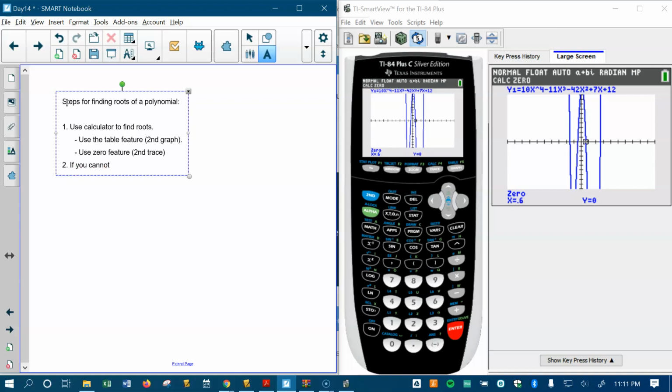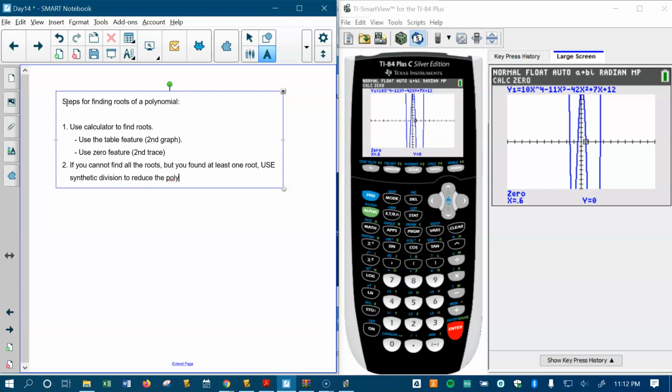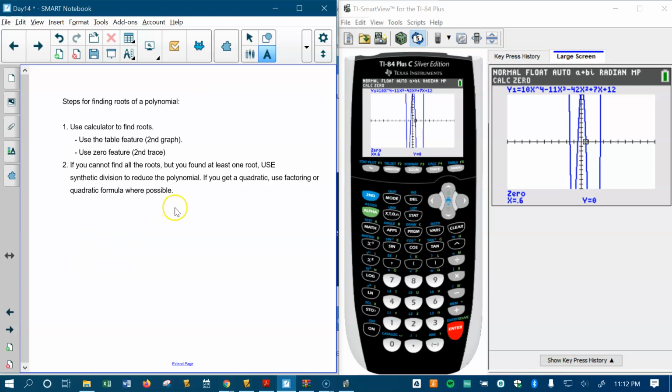If you cannot find all the roots but you found one root, use synthetic division to reduce the polynomial. If you get a quadratic, use either factoring where possible or the quadratic formula. Okay. That's for finding roots of the polynomial.